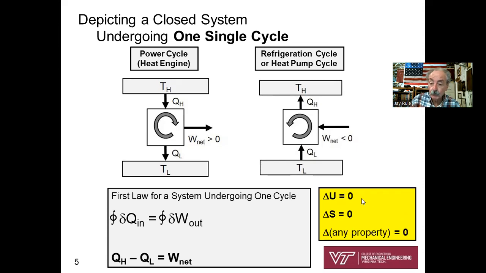And then as a reminder, we've gone through one single cycle. So delta U is 0, delta S, entropy change, is 0, delta any property is 0 because we're a closed system undergoing a cycle.